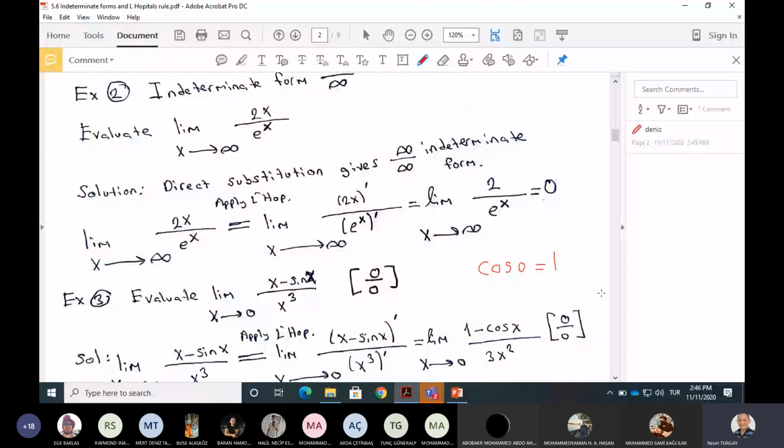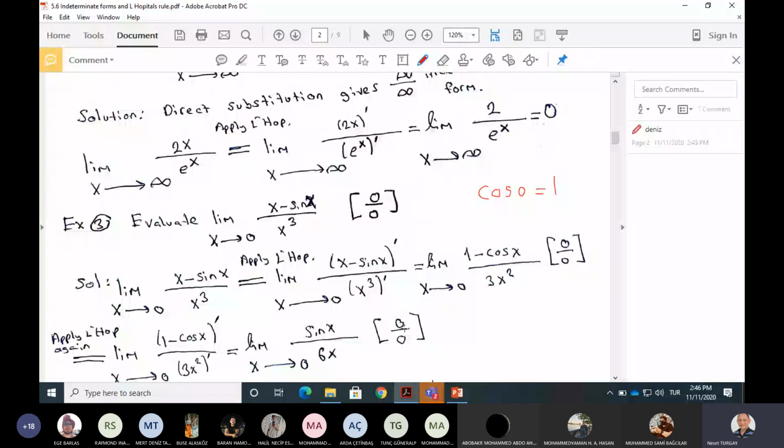So taking the derivative of this and the derivative of the denominator. So what happens? Sine x over 6x. Okay, send x to 0. What happened, my friend? Zero over 0. What is this, my friend? Is this the answer?